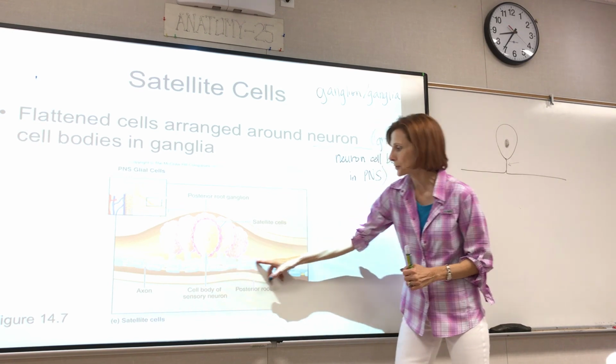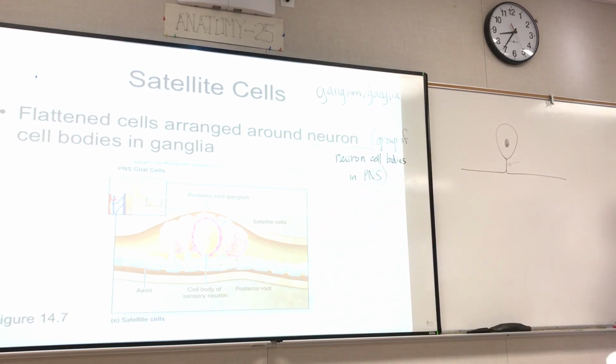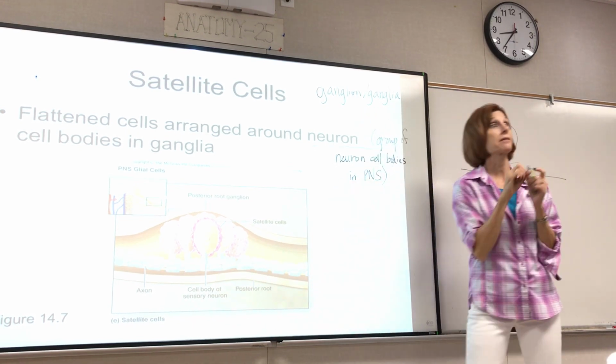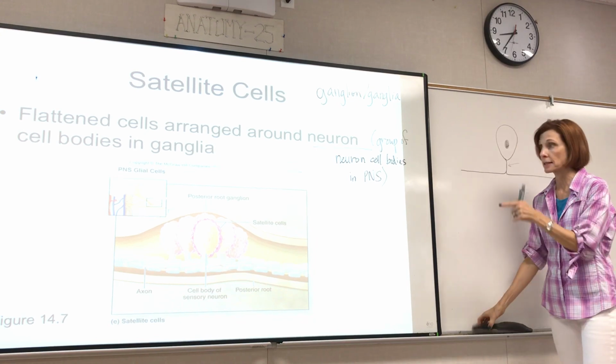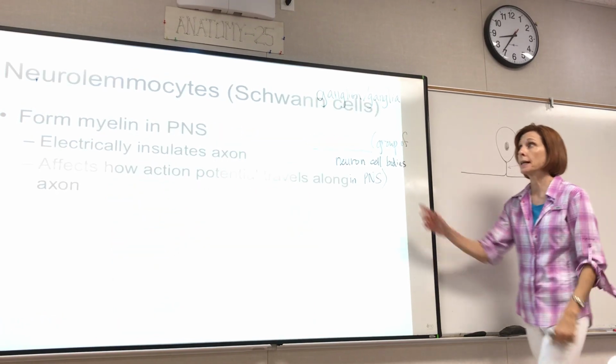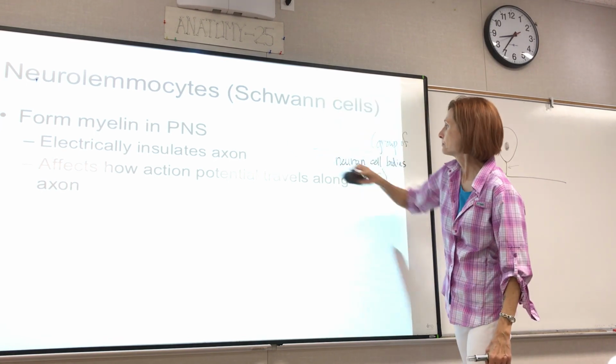Notice this other type of cell here wrapping around the axon. What these other cells are doing is forming the myelin sheath. And that's the other type of neuroglial cell in the PNS.